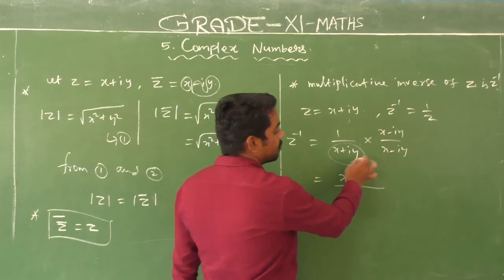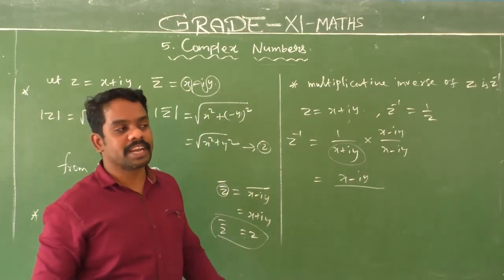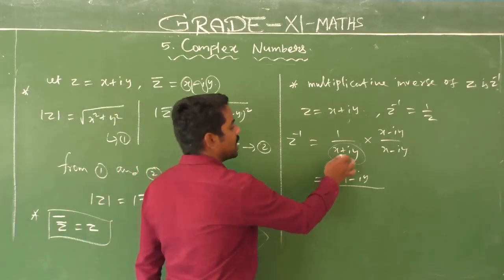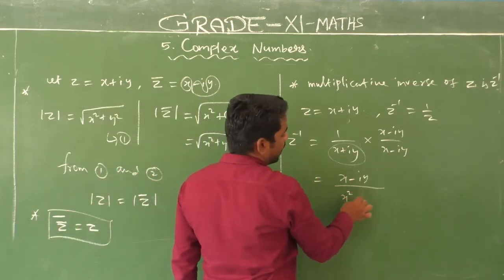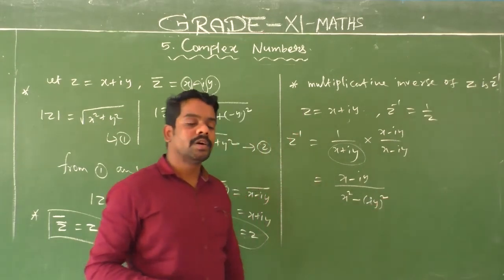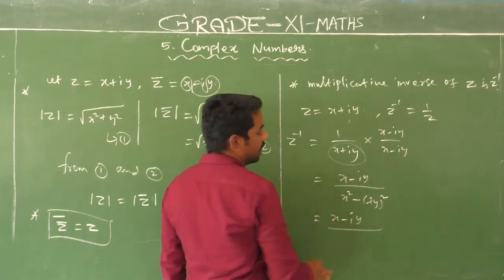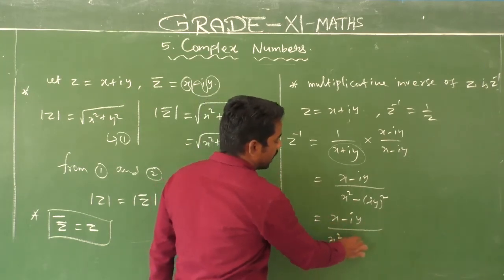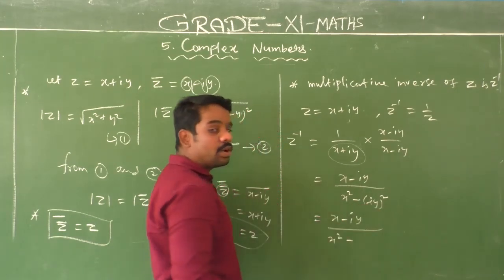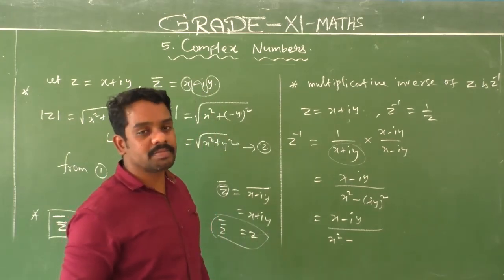That is a plus b into a minus b. You know the formula a plus b into a minus b is a square minus b square. So x plus iy into x minus iy is x square minus iy the whole square. Here i into y the whole square is i squared times y squared, and you know i squared value is -1.